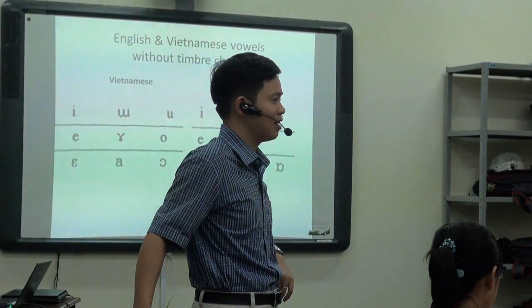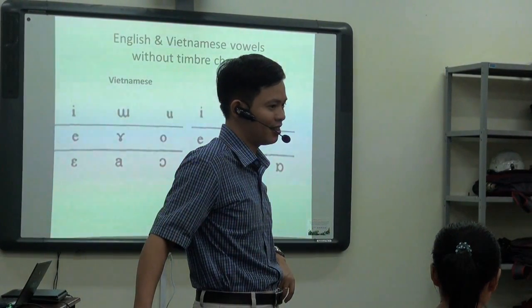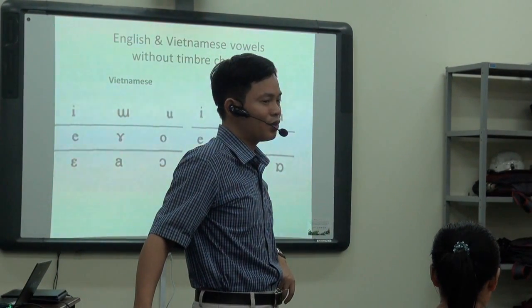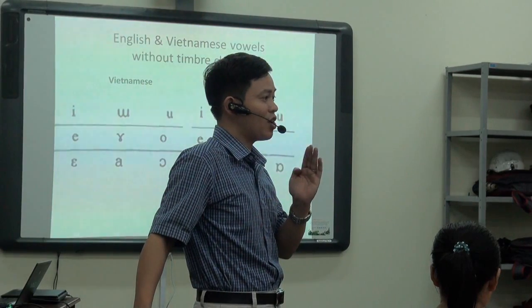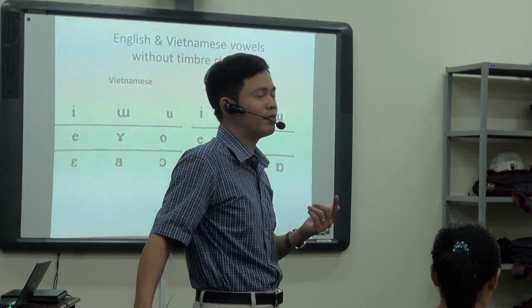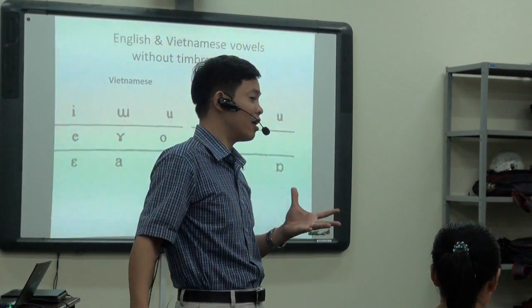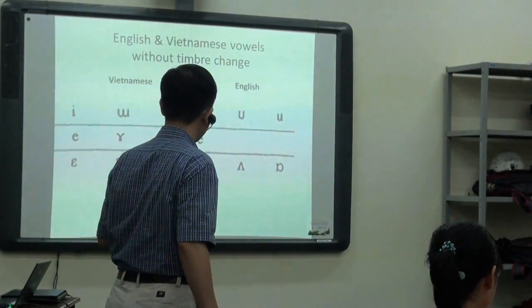When you say hiền, it's not like e, it's not like a, hiền, right? So those sounds have changed the timbre. In Vietnamese we call it âm sắc. It doesn't change the sound quality.